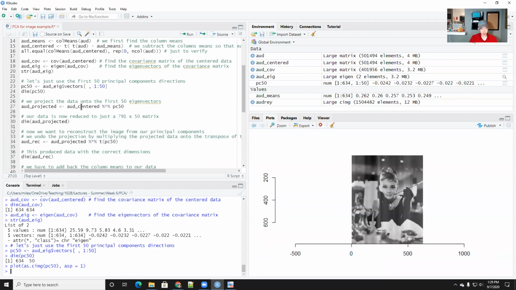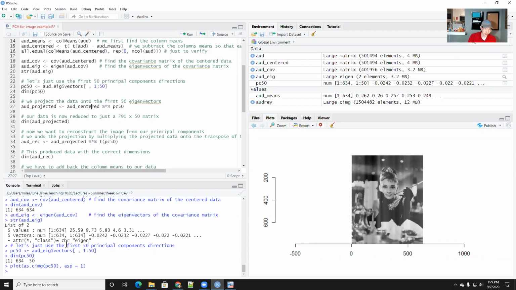And then you can take the original data, or not the original, the centered data, which represents this image. So the centered data still corresponds to an image, just with vertical streaks. And I could project that data onto the first 50 eigenvectors, okay?